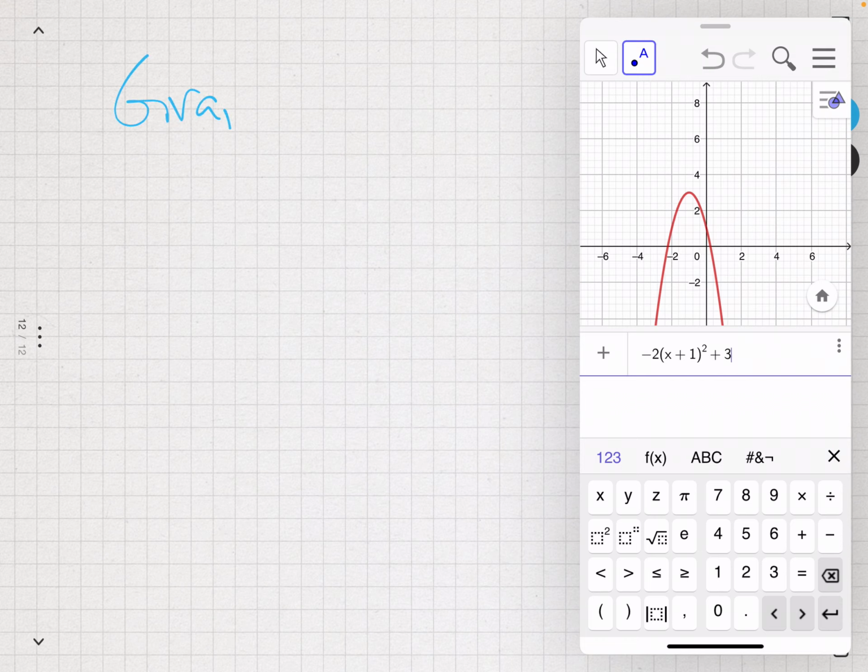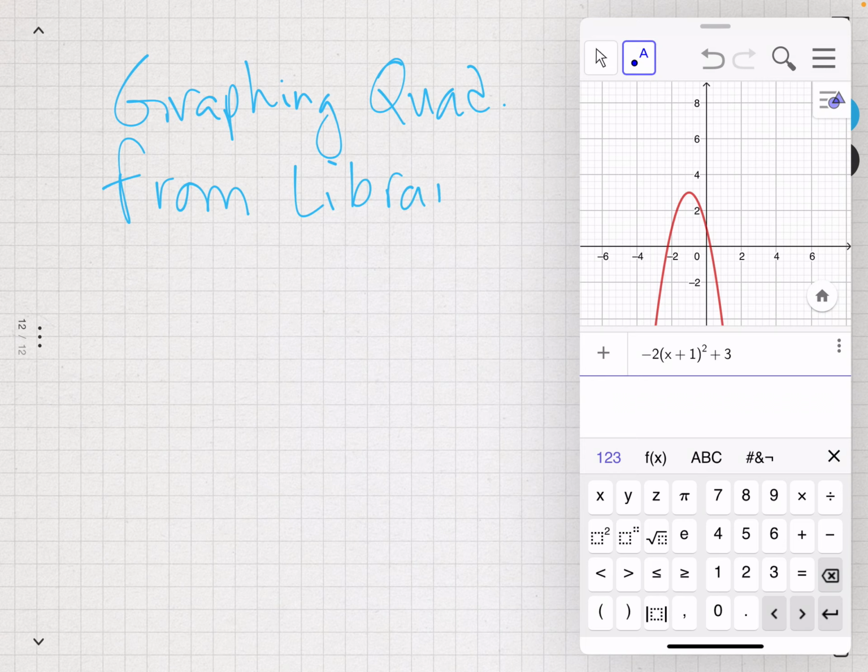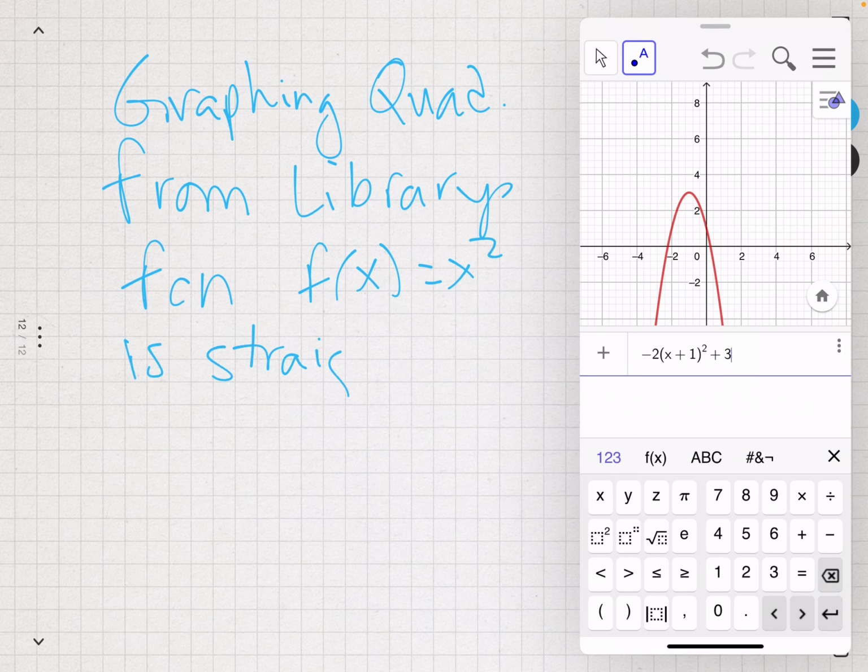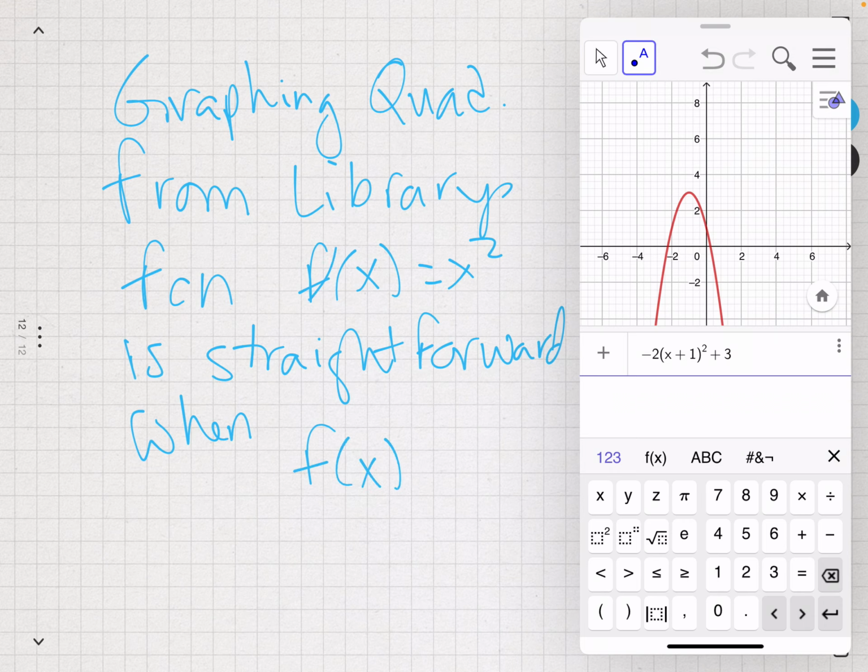So graphing quadratics from the library function f of x equals x squared is straightforward when L of x, for library function, is either ax squared or a times x minus h squared plus k.